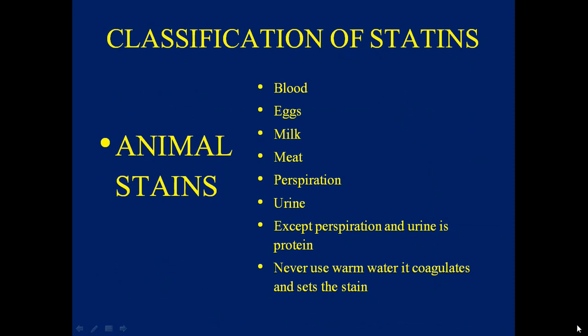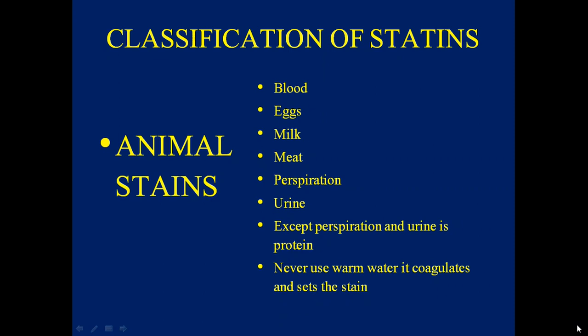Now we'll see one by one the classification of stains. So this will give an idea how to classify the stains, and based on that you can go for the right selection of chemicals and the procedures. First is animal stains. You can see all the animal stains which comprise blood stains, egg stains, then milk, then meat, then perspiration, then urine.